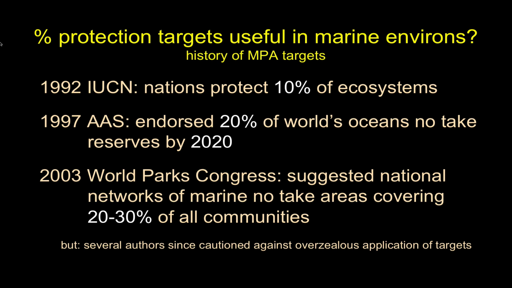And then the World Parks Congress suggested that no-take should be larger than that, maybe as much as about a third. So I'll tell you where the 20% came from. The 20% was strongly influenced by the experience in Florida.